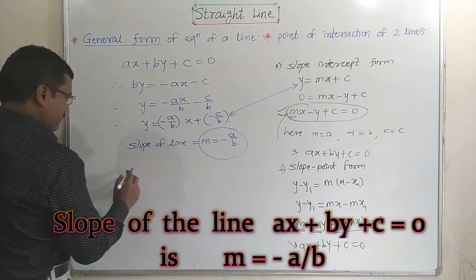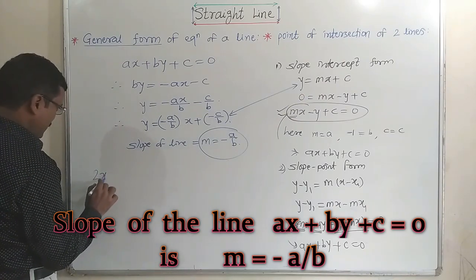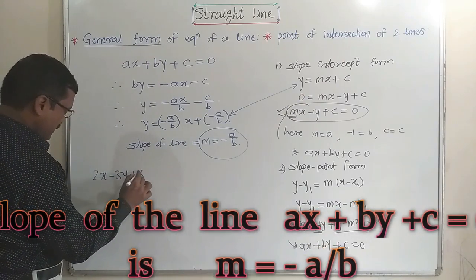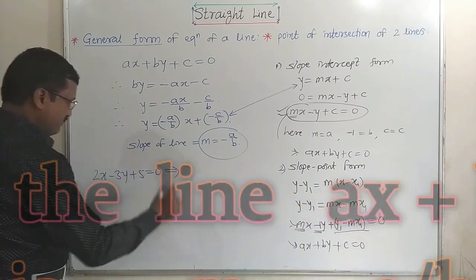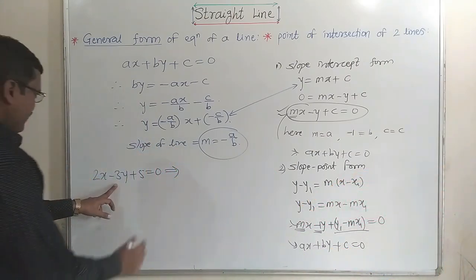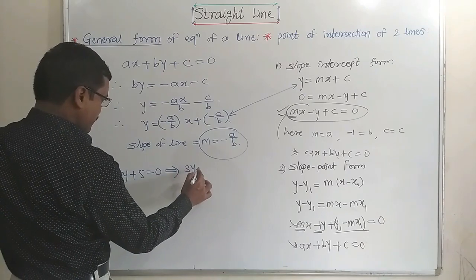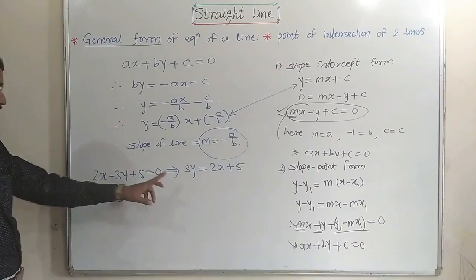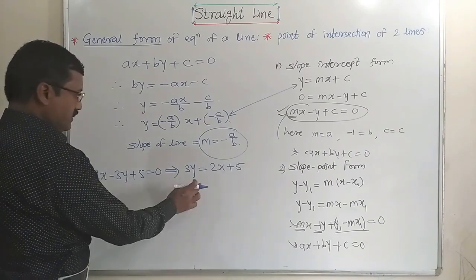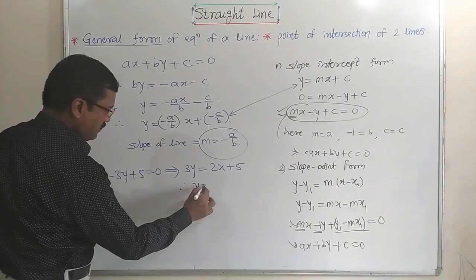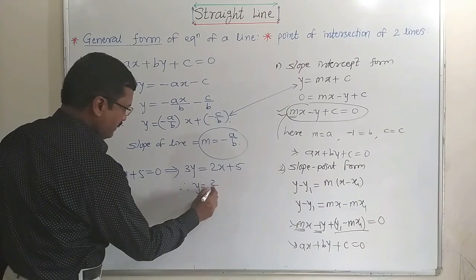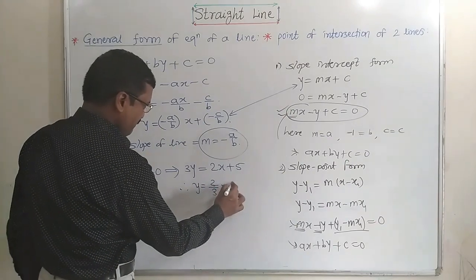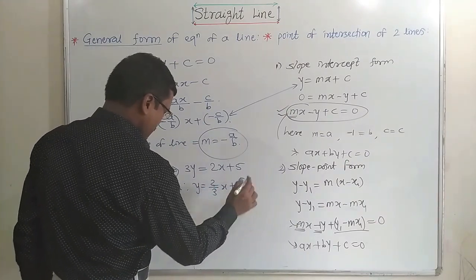For example, suppose the equation of line is 2x minus 3y plus 5 equal to 0. Then we write this equation as 3y equal to 2x plus 5, taking 3y to the right. Therefore, y equal to 2 by 3 x plus 5 by 3.